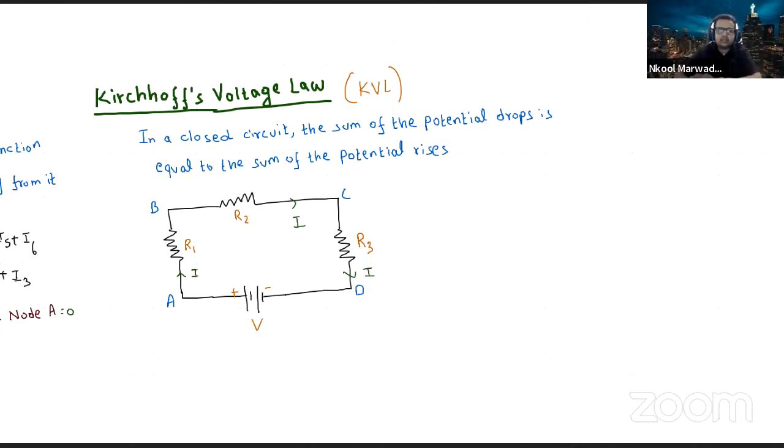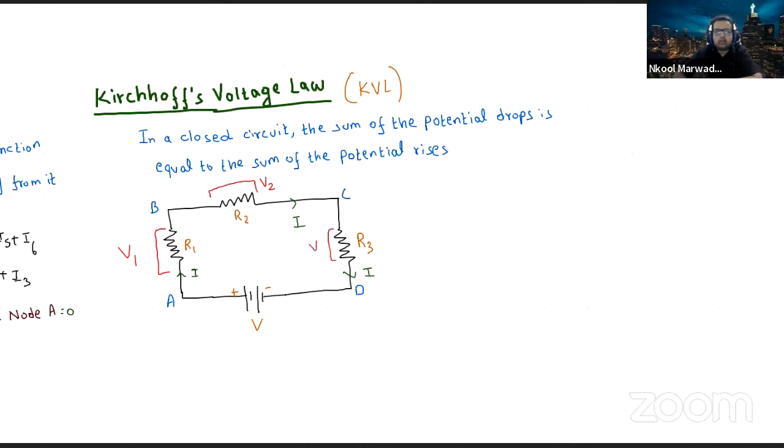Now I have three resistances, R1, R2, R3. There will be a potential drop across R1 and I am calling it V1. Wherever there is a resistance in the circuit, a potential drop will be there. There will be one more potential drop here and I am calling it V2. And one more potential drop across this resistance, which I will call V3.